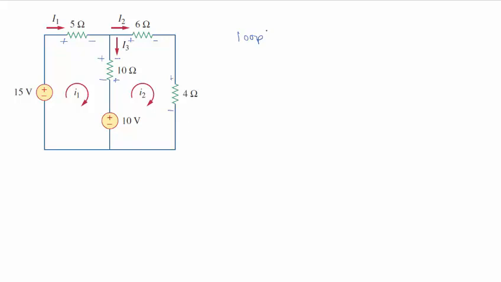So over loop 1, I'm going around the loop, and I hit a minus 15 first, plus 5I1, plus 10I1, but I1 is going this way and I2 is going the other way, so it subtracts minus 10I2, and then I get a plus 10 volts, again, plus 10 equals 0.